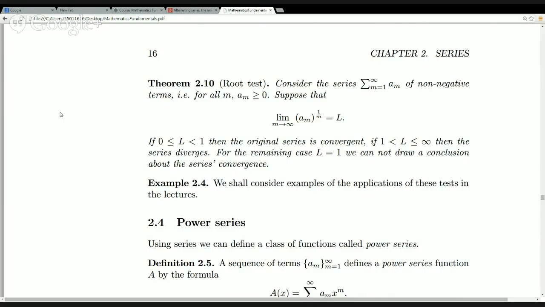it's applicable when the term a_m looks like an mth power of something, an mth power of some simpler quantity.